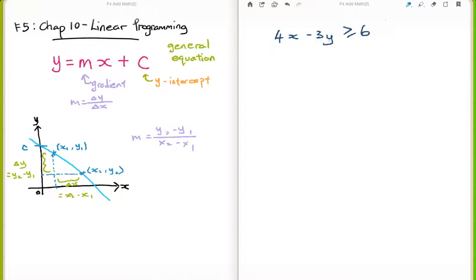Based on y equals mx plus c, my term here is not y, it's negative 3y. So I'm going to bring it to the right so that you get a positive y, whereas the 6 you shift over to the left. Subtract 6 from both sides, this becomes 0, add 3y to both sides, and it remains 3y.